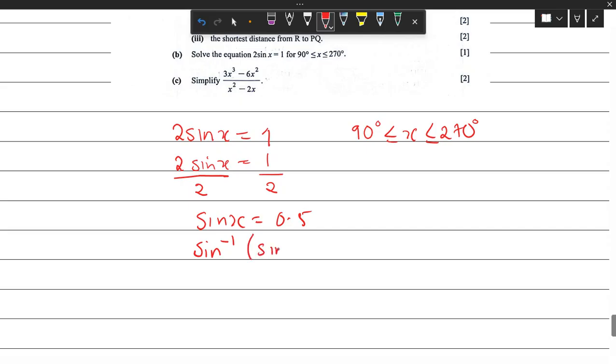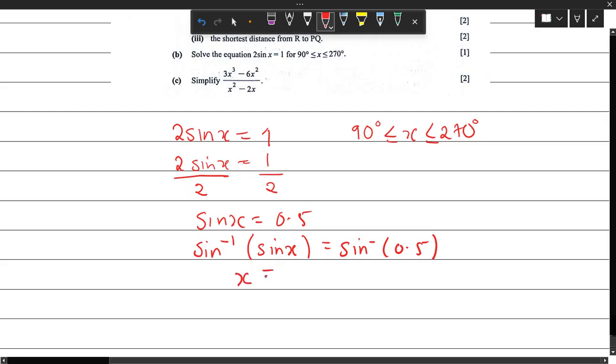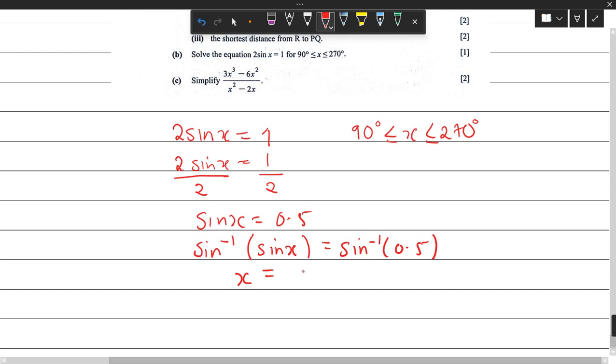Sine inverse sine x equals to sine inverse 0.5. It doesn't really matter whether you write sine inverse on both sides. Sine inverse sine x will just give you x. Oh, sorry, it's power negative 1.